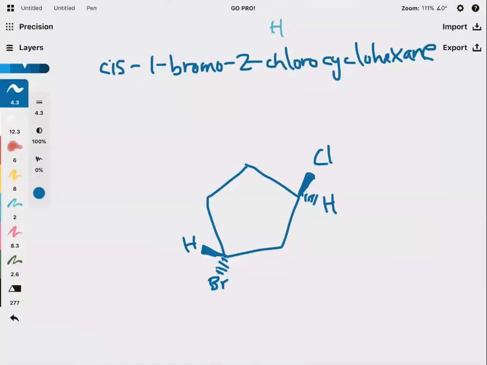So in this case, our substituent groups, our bromo and chloro, are situated opposite of one another. One is coming up off the plane and one is going down. So one is in the basement, and the other one is in the attic, right? They're not both in the attic and they're not both in the basement.